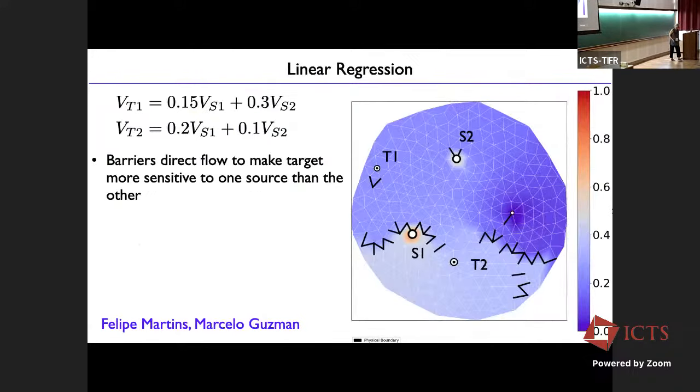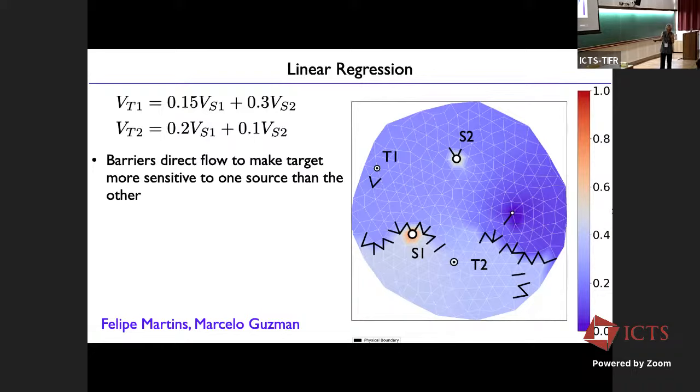This is solving 2 equations for 2 unknowns. So these are the 2 equations. Target 1, which is here, is 0.15 times source 1 plus 0.3 source 2. And this is the solution, how it does it. Okay, what it does is there's a barrier that isolates it from source 1 more than source 2. And that's why the coefficient from source 2 is bigger than for source 1.